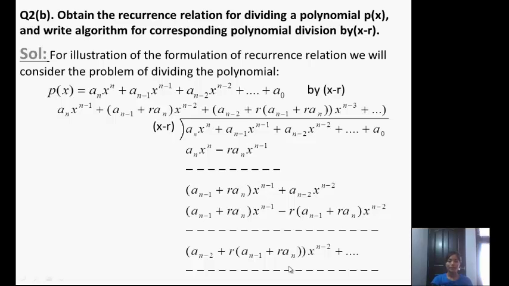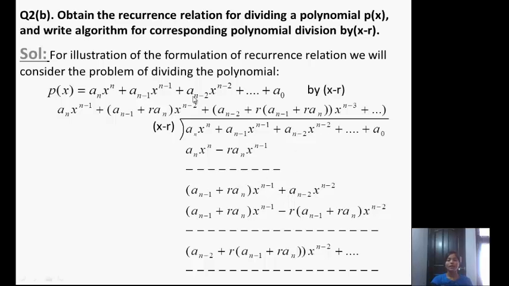So we can divide it by x minus r, giving our first term an x to power n minus 1. So our term will be an x to the power n. This term will be eliminated, and our next term will be a(n-1) plus r into an, into x to power n minus 1.